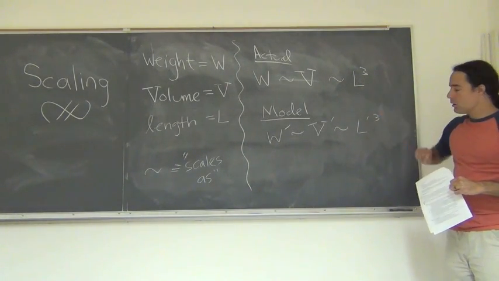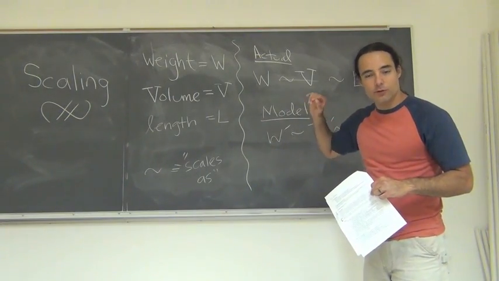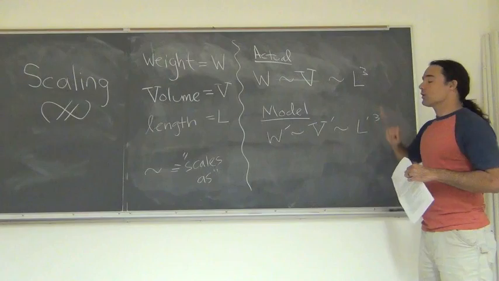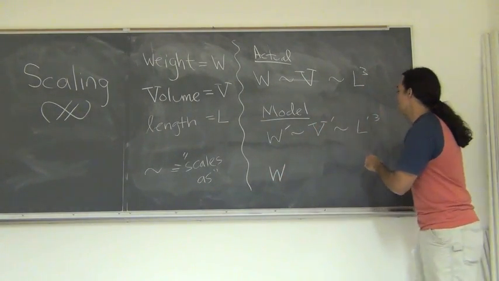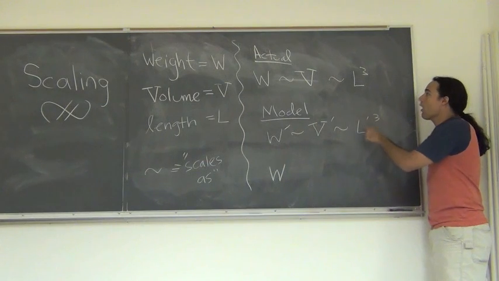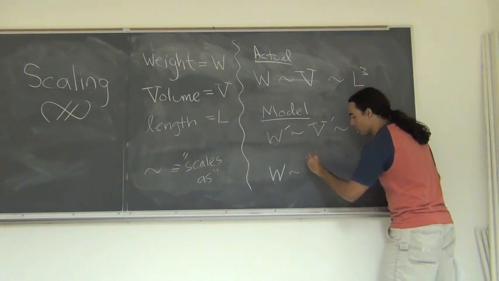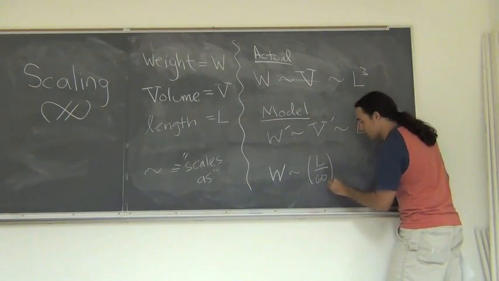Well, I know my model length is 60 times smaller than my original length, which means my new weight is going to be proportional to the original length over 60.